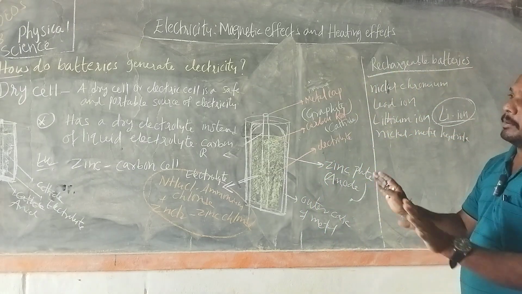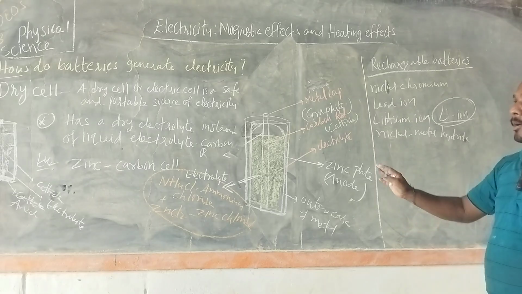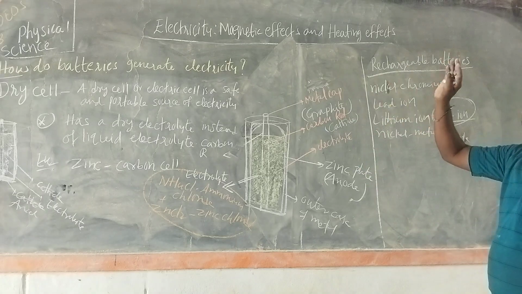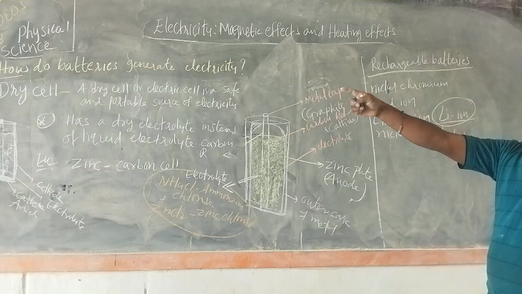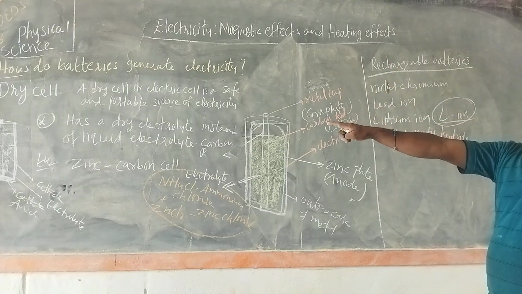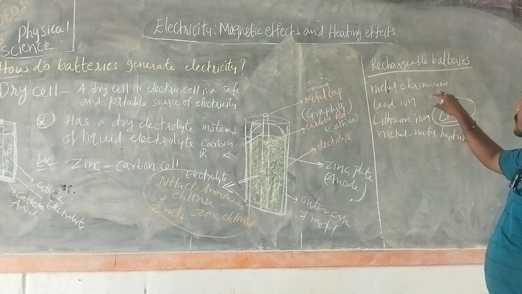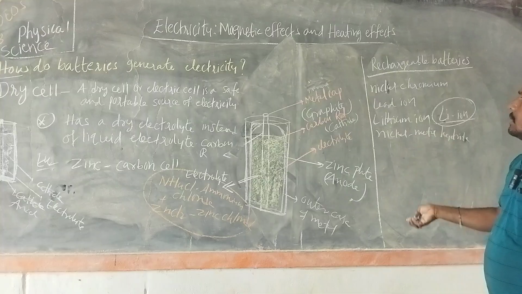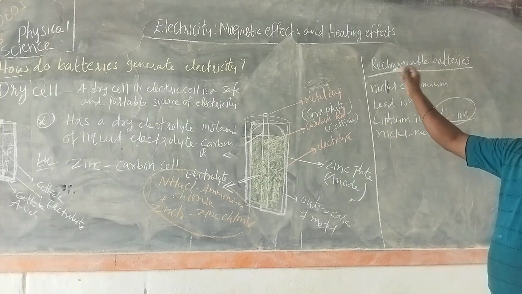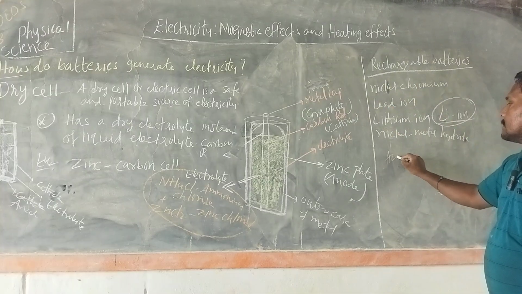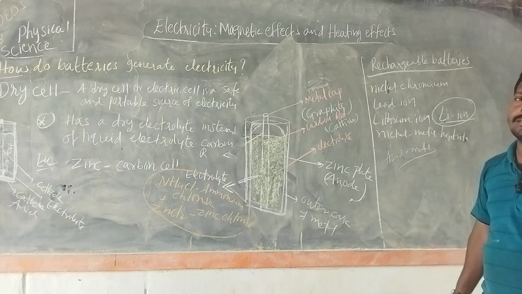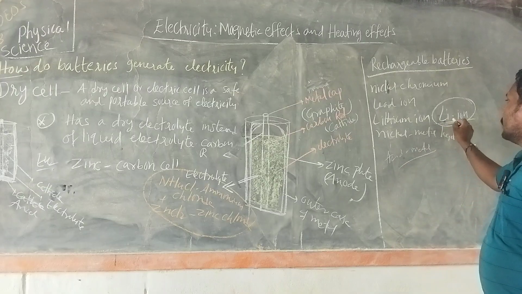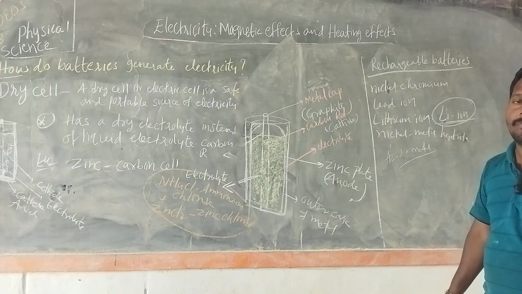So this is about our topic, how batteries generate electricity. We discussed the story behind the cell, the voltaic or galvanic cell, the dry cell, and rechargeable batteries. Simply, we can say inverters, acid metal batteries, and lithium ion batteries which we see in mobile phones.